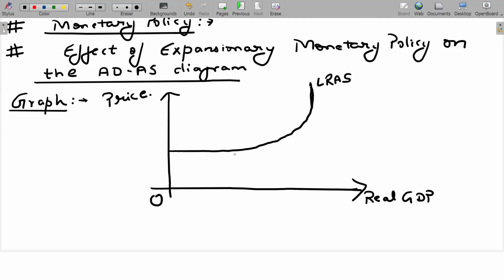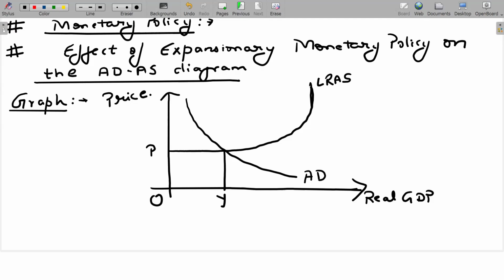Our aggregate demand curve is downward sloping. This is our AD curve, our initial aggregate demand. Initially, the price in the economy, let's say, is P1 and the real GDP is Y.